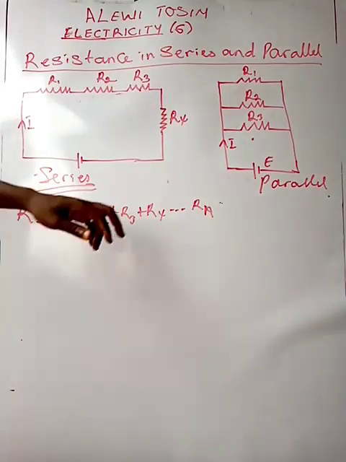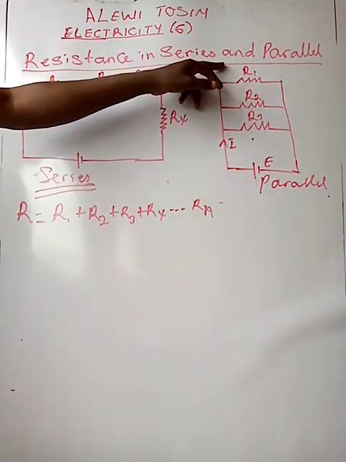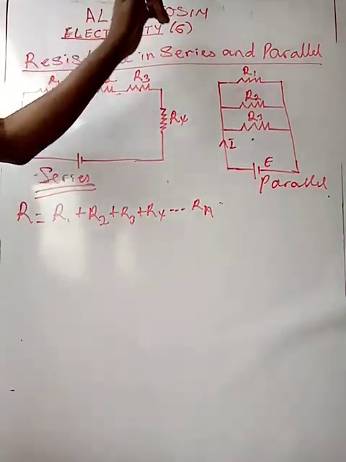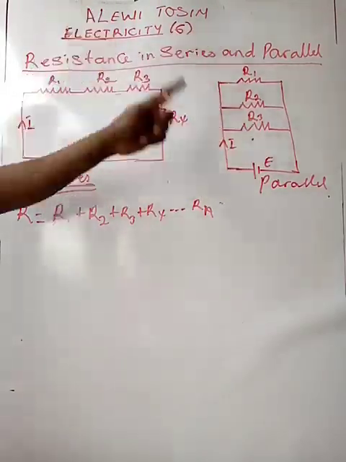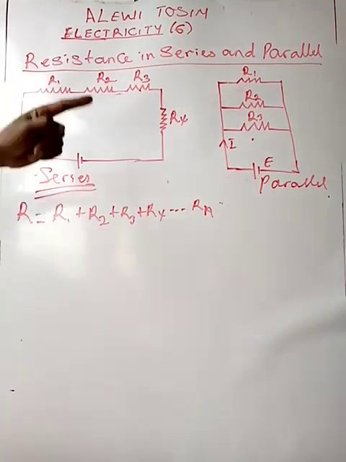So let's take note of that. For series, the same current flowing, different potential difference. For parallel connection, the same potential difference in all the resistors, while different current flowing.